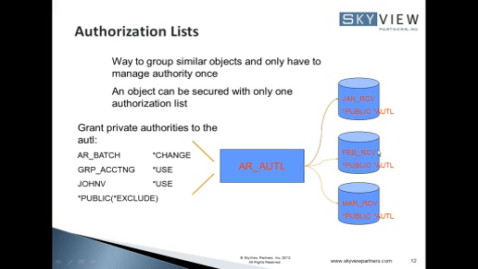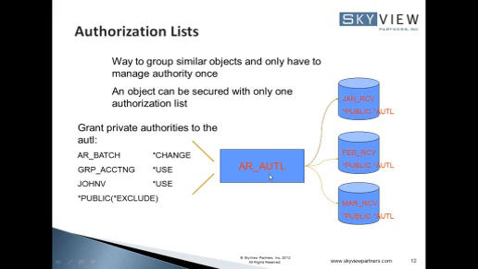I have several files. In this case, it's a receivables application, so I have a January, February, March, and obviously by now we'd have April, May, and June. So we have all these files. The same users need the same authority to all of these files. So rather than grant a private authority to each of these individual profiles to these files, instead I've granted authority to the authorization list and then associated that authorization list to each one of these files.